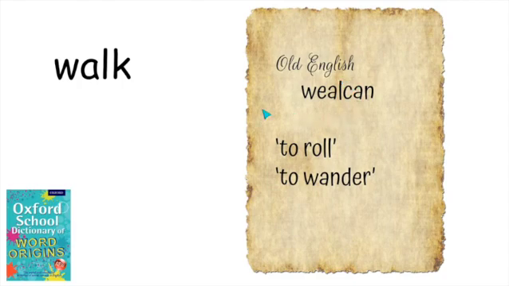Originally, the word in Old English meant to roll or to wander. And we know that over time, the meanings of words can change and evolve. So over time, we no longer use the Old English word, and we began to use what we know today, W-A-L-K. So why is the L there? Well, because in the Old English form of the word, it had an L in it. You can see the connections.